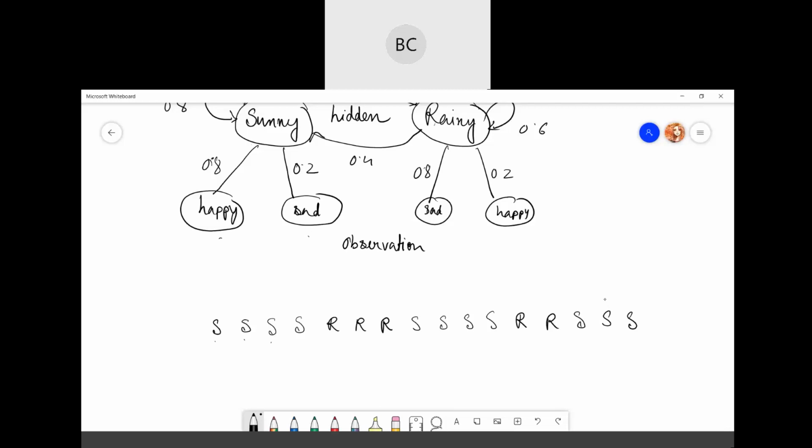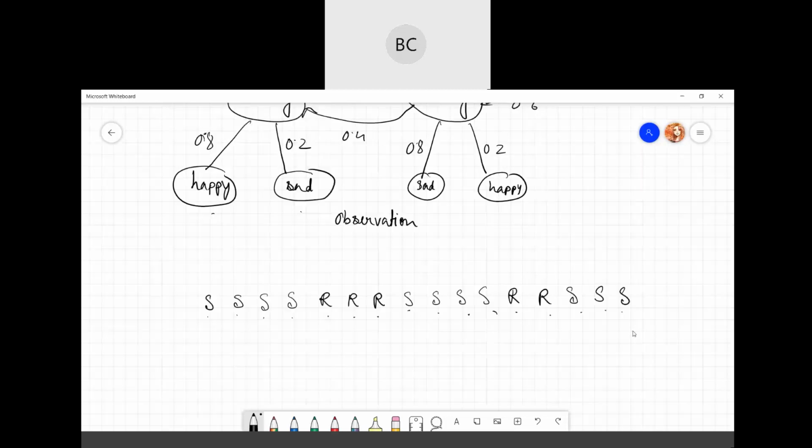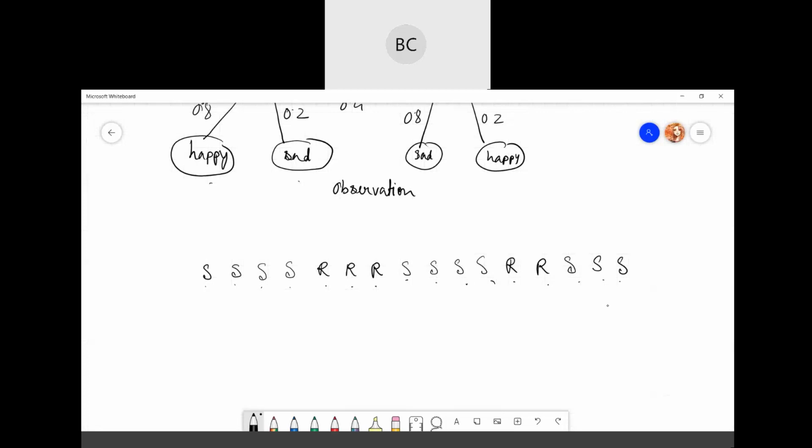1, 2, 3, 4, 5, 6, 7, 8, 9, 10, 11, 12, 13, 14, 15, 16 days, for example. So you can see what is the probability or certainty that from one sunny day, the next is also a sunny day.